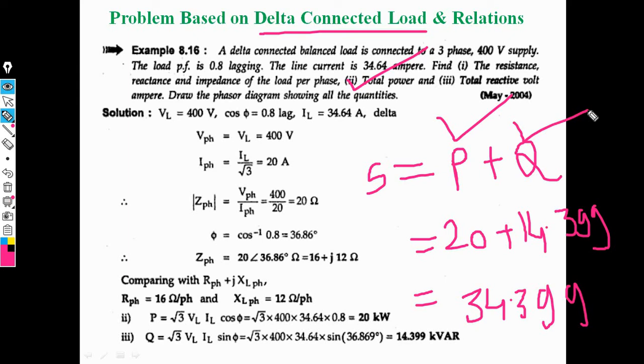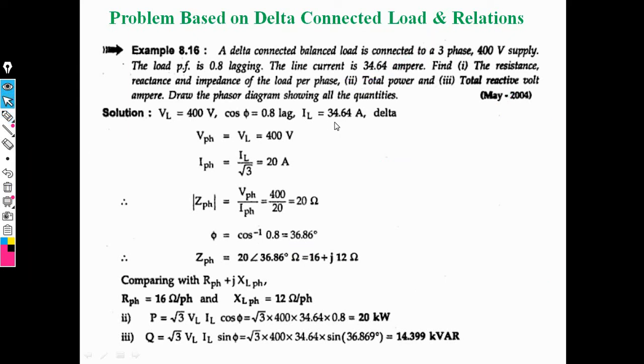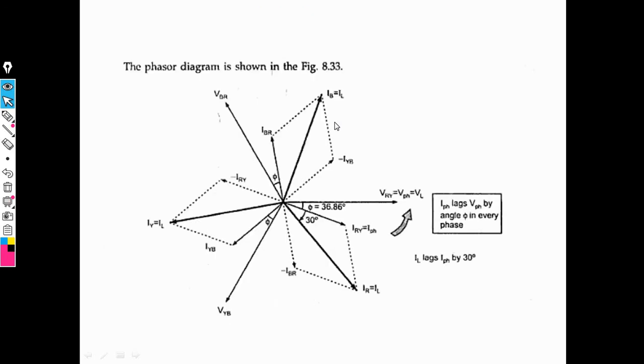Now this is the problem based on delta connected load. Then we need the phasor diagram. We have to draw the phasor diagram with the help of angle 36.86. Now this is the phasor diagram.